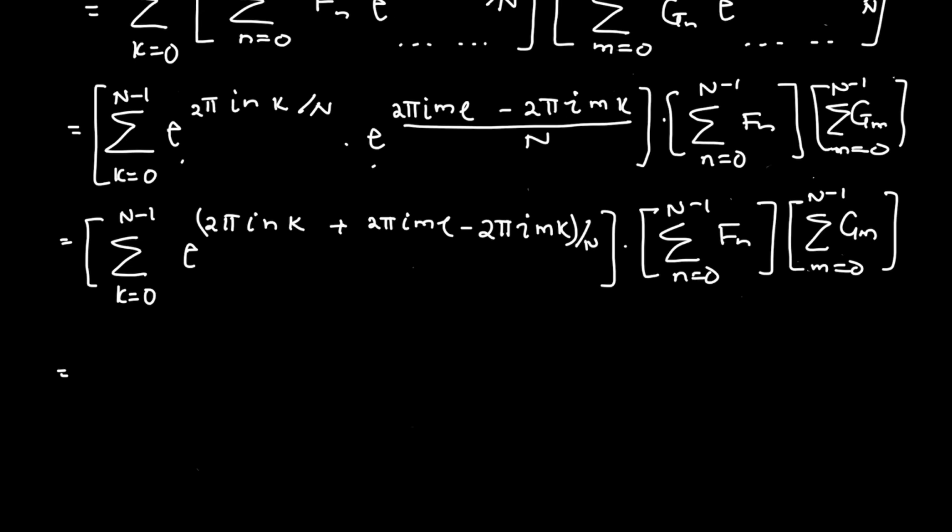Now on this side, we're going to sum over k from 0 to n minus 1.